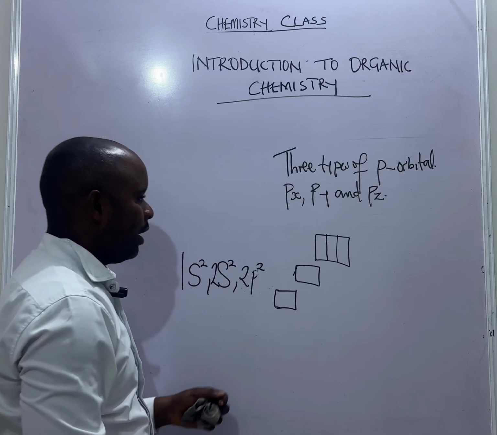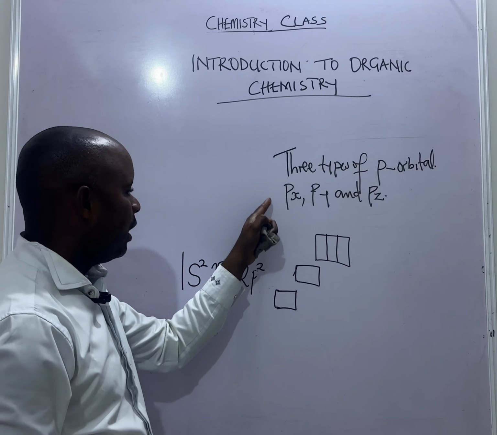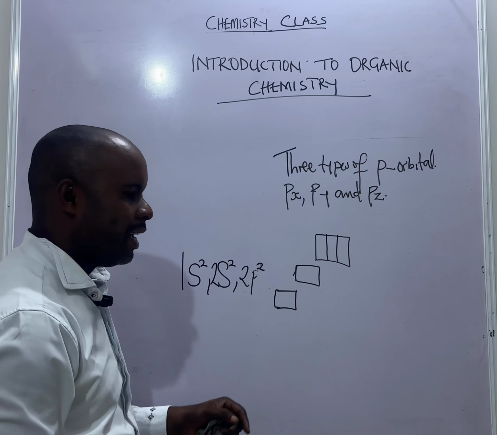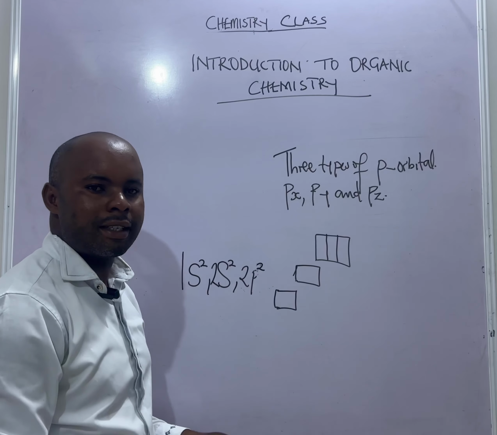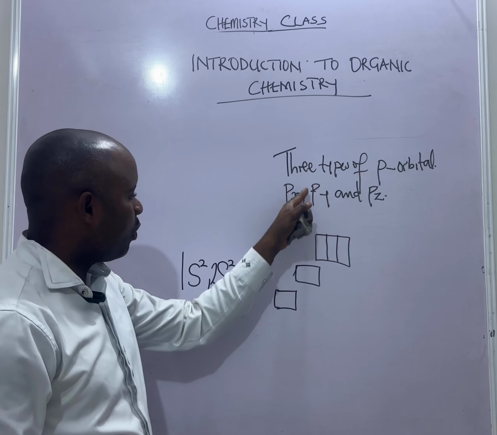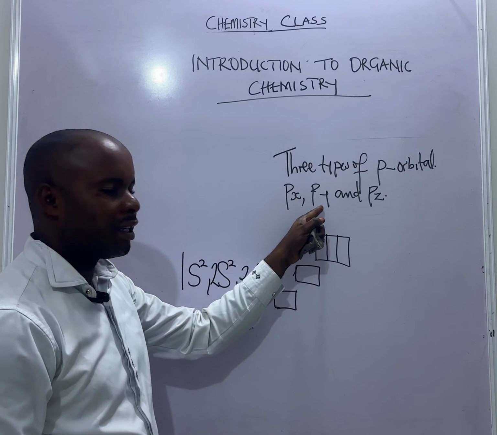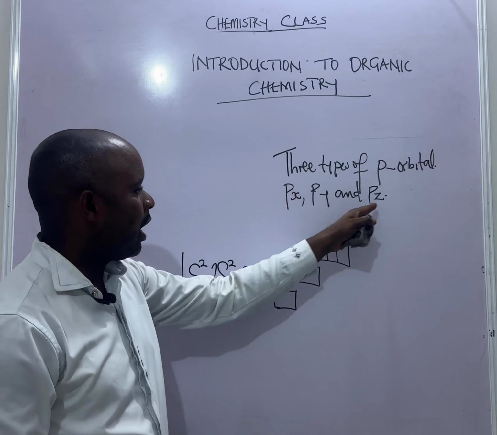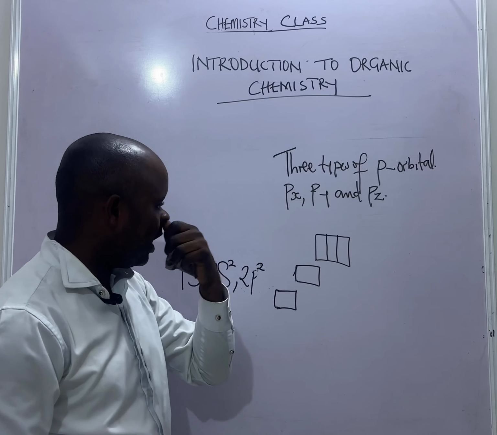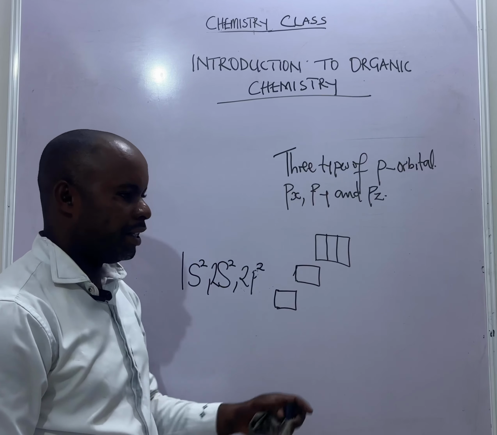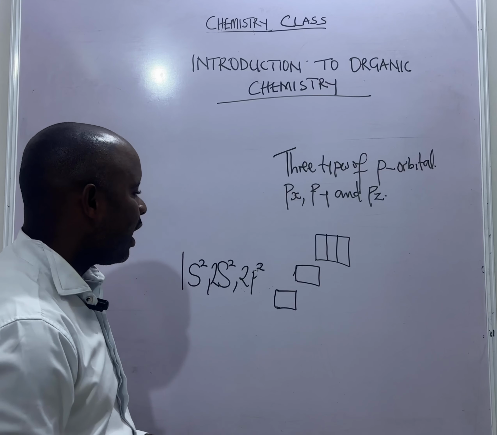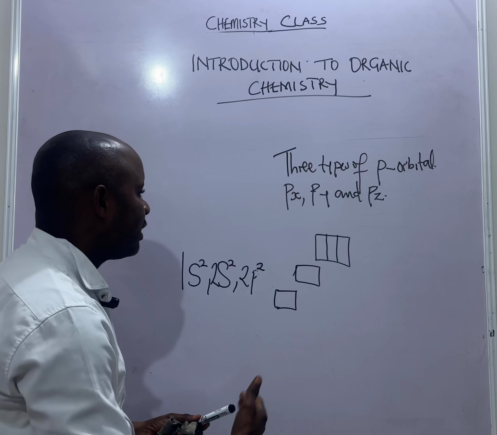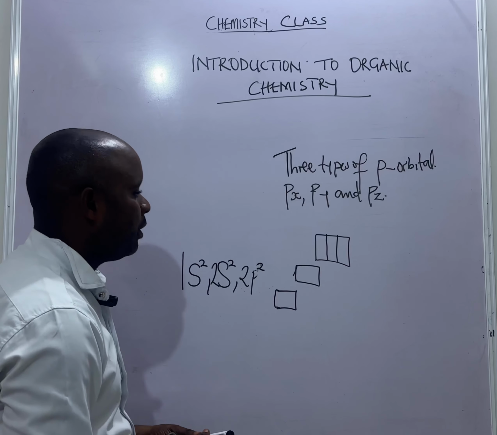That is to say, on a Cartesian plane, the orbital that is formed on the x-axis is known as px, the one that is formed on the y-axis is known as py, and the one that is formed on the z-axis is known as pz. So we have these three types of p orbital.